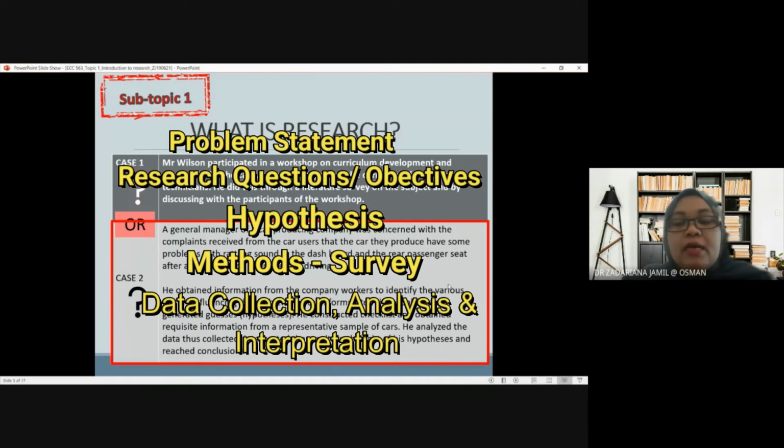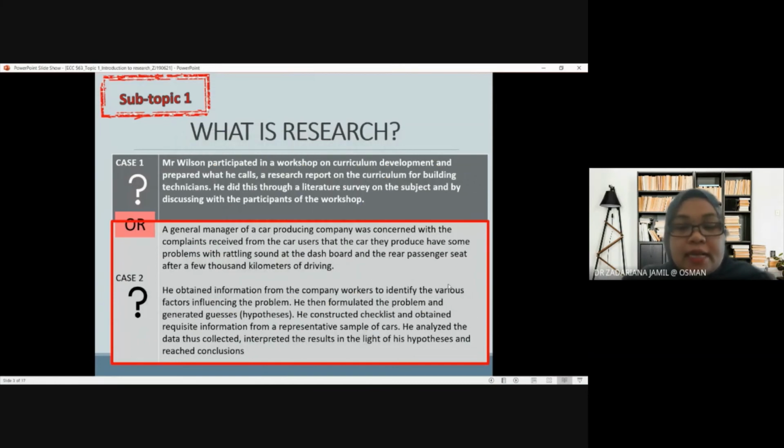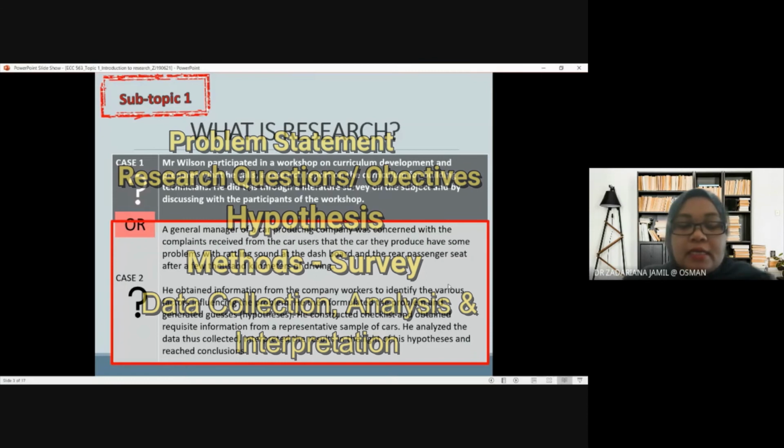After that he analyzed the data obtained and finally he interpreted the results and got some conclusion from the results.